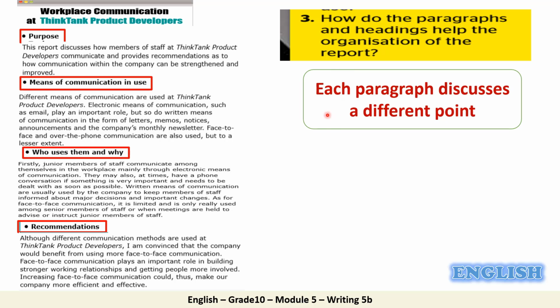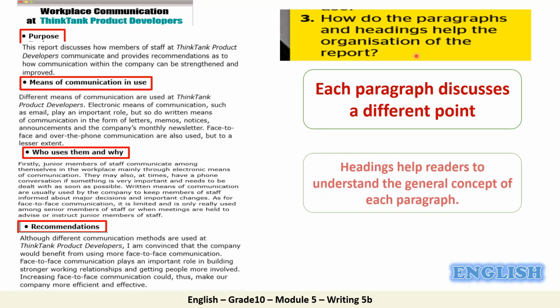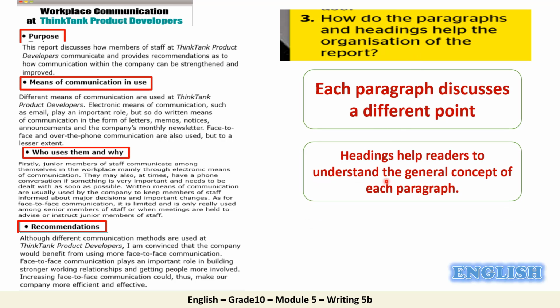Each paragraph discusses a different point. Well done. Now, how does it help with the report? Headings help readers to understand the general concept of each paragraph. As you can see here, we know that the first paragraph will be talking about the purpose. The second paragraph will be talking about the means of communication in use, and so on. Well done, everyone.